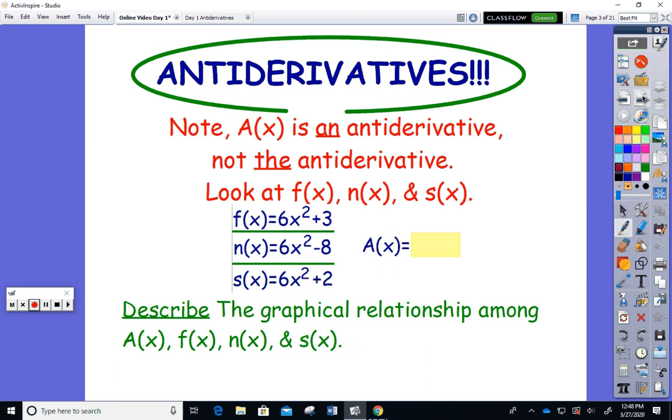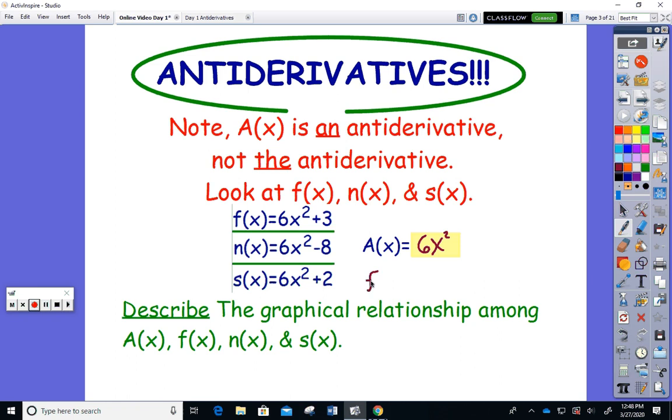Now, why do I talk like that? Because in the chart on the first page, I had f of x, n of x, and s of x, and now I have a of x, and I figured out that a of x was 6x squared. And if I take the derivative of f prime and n prime and s prime and capital A prime, the derivative of all of these gives me little a of x.